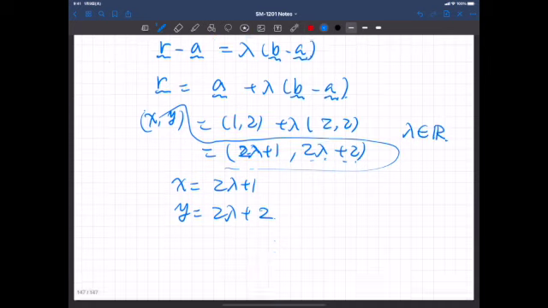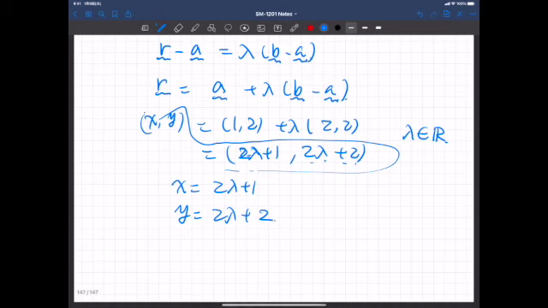And if you want to express this equation of the line in terms of only x and y, we just get rid of this lambda, which can be done by subtracting this from this.